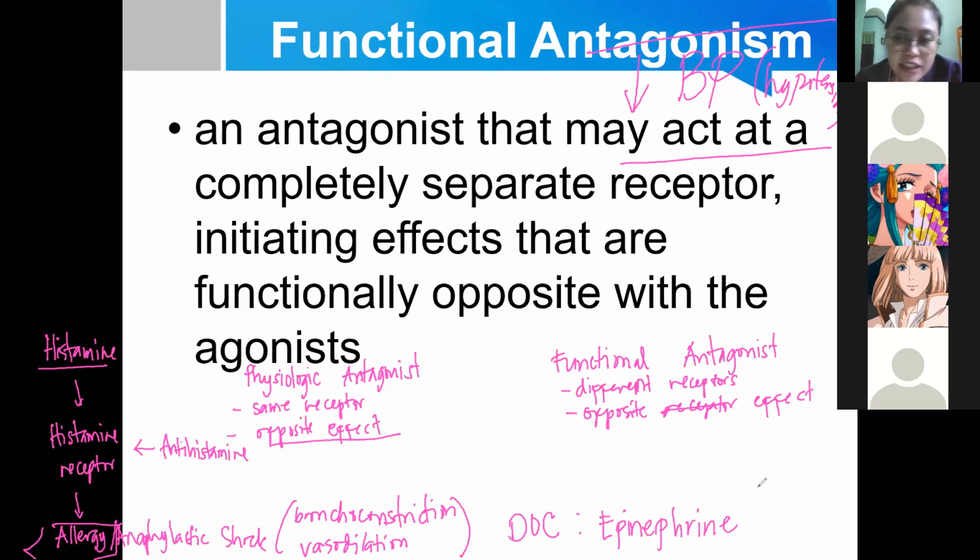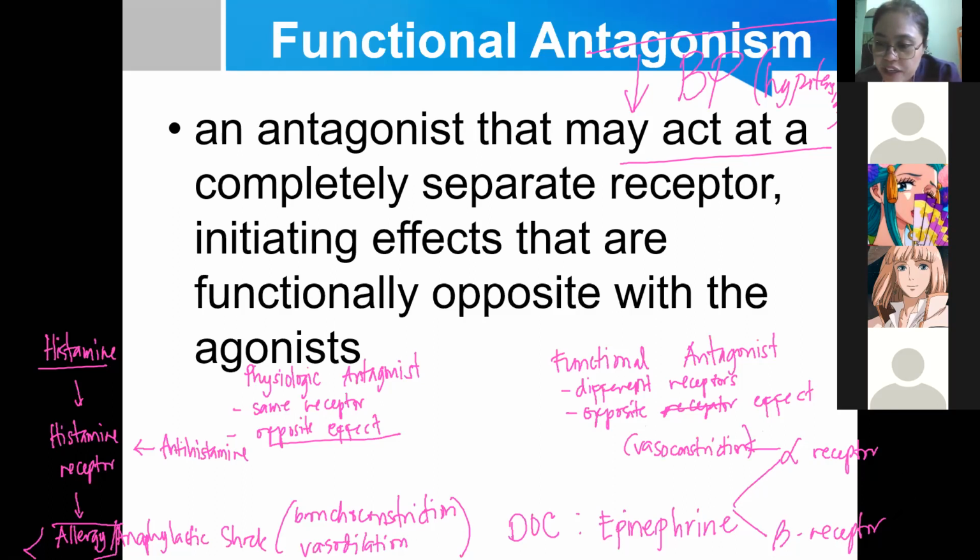So nga ng functional antagonist siya, different iyahang receptors. Si epinephrine mo bind ni siya kay alpha receptor and kay beta receptor. Now, pag si epinephrine mo bind kay alpha receptor, it will cause vasoconstriction. Ibalik niya constrict imuhang blood vessel and kato ma-counteract na ang vasodilation.